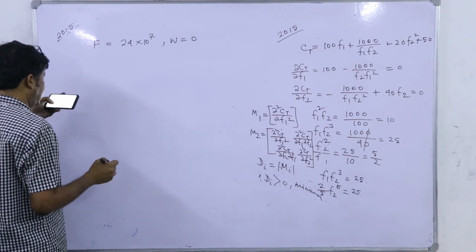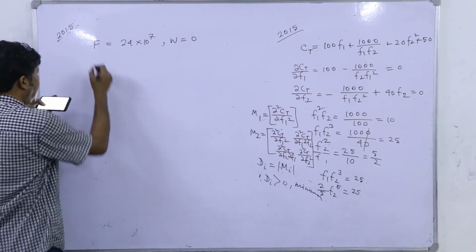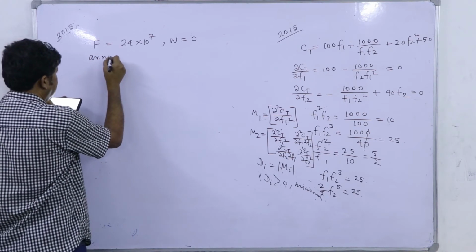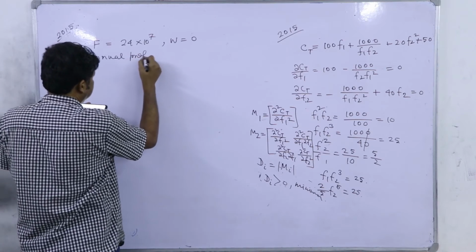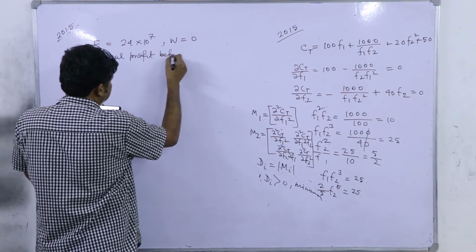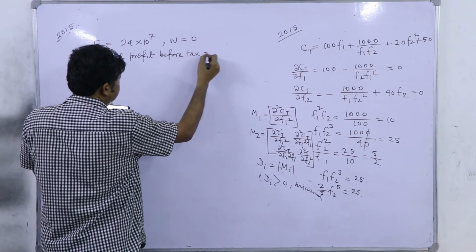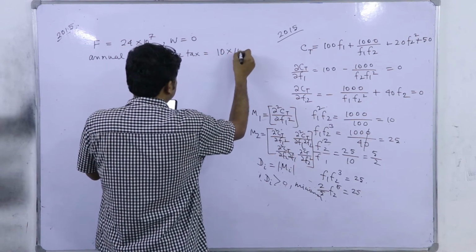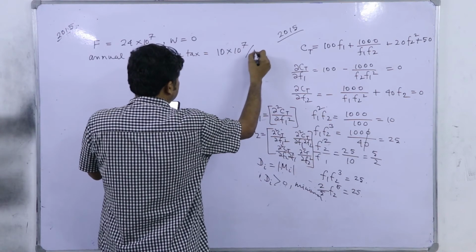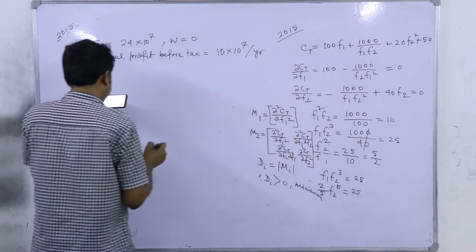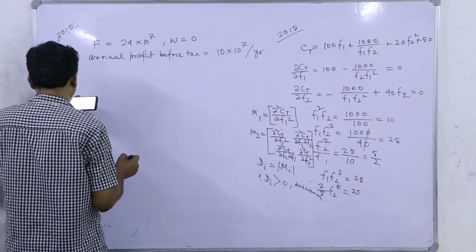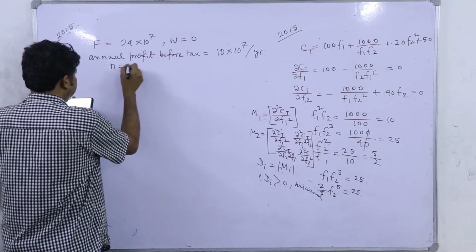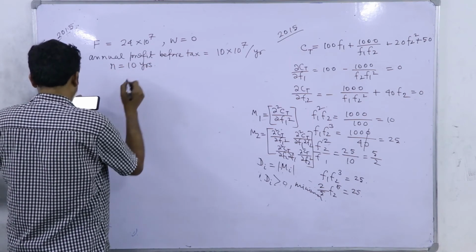After commissioning, the annual profit before tax is 10 crore per year at the end of year. Expected life of the plant is 10 years.